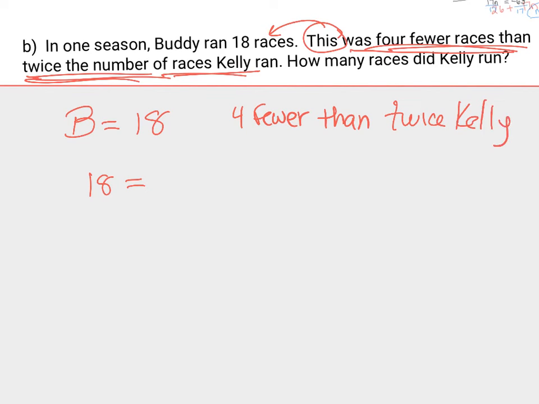How would I write twice Kelly as an expression? Twice Kelly's races. Let's say K is for Kelly.